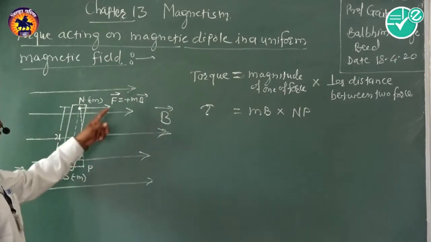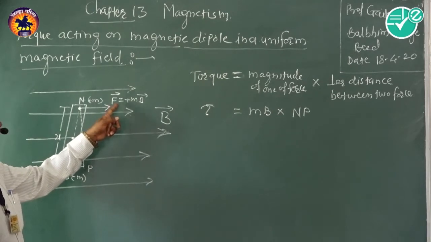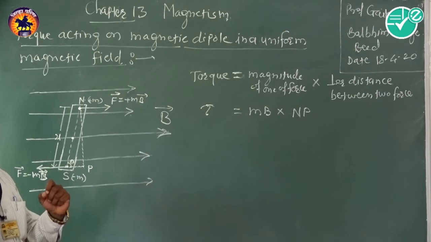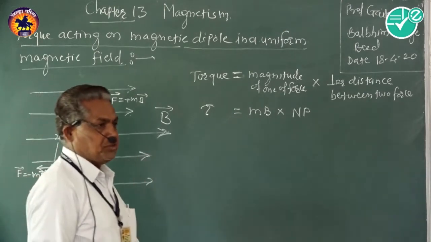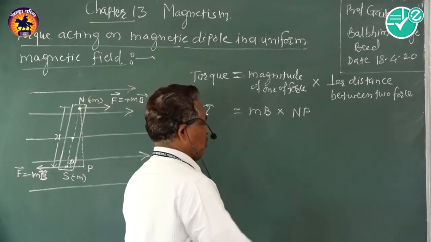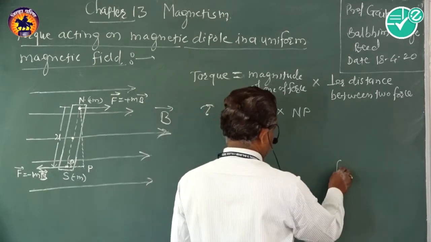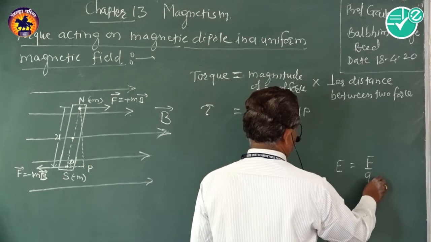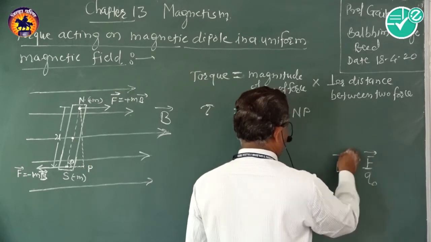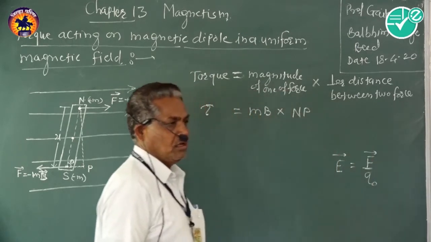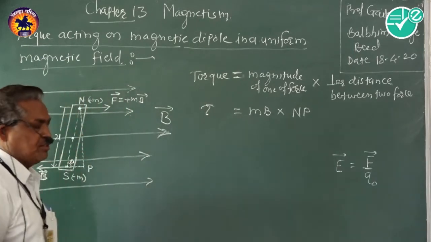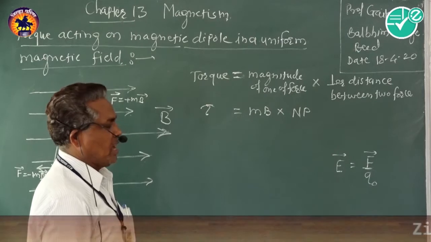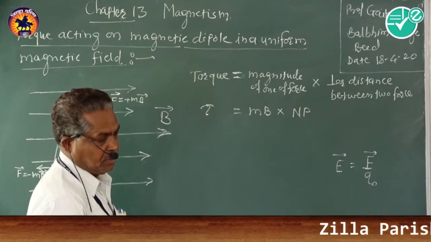Now this formula F is equal to mB is similar to electric intensity. According to the definition, E is equal to F divided by Q0. Electric intensity at a point in an electric field is defined as force per unit positive charge acting at that point.